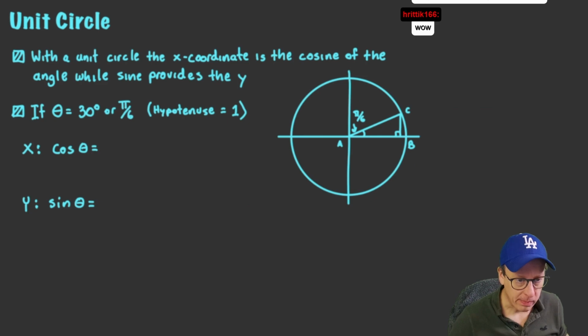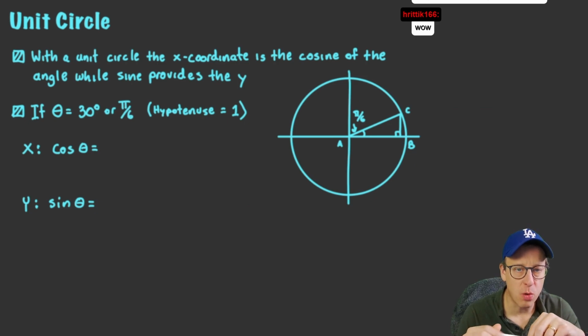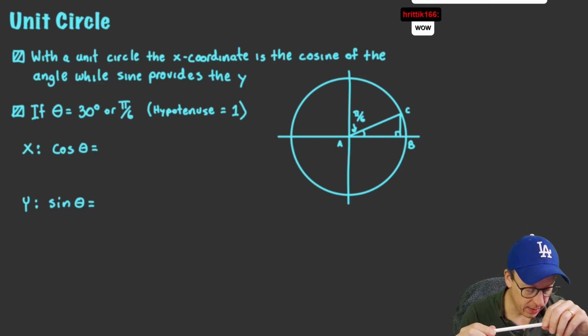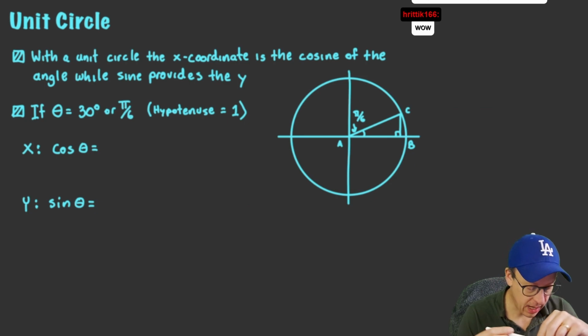All right. So let's move on to unit circles. With a unit circle, the x-coordinate is going to be the cosine of the angle, while sine is going to provide our y. So in this circumstance, if our angle is 30 degrees, or that would be pi over 6, that means that our hypotenuse will be equal to 1.